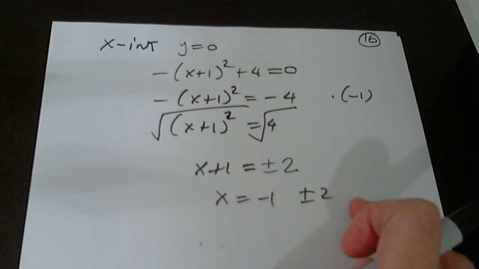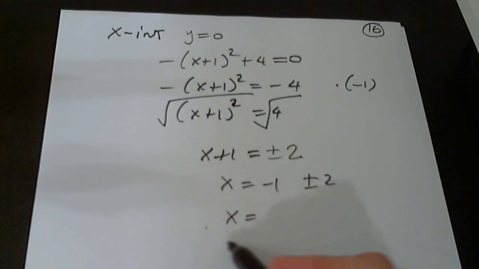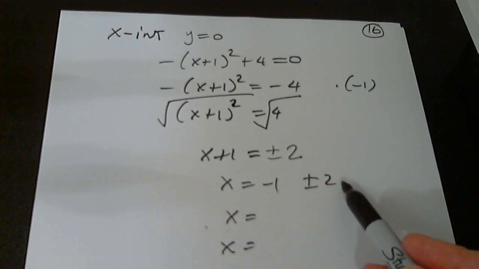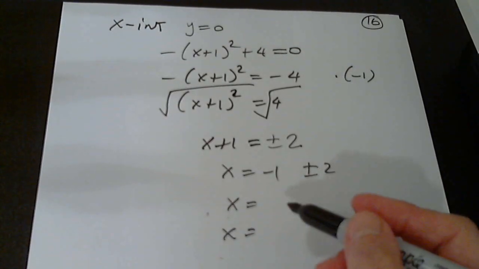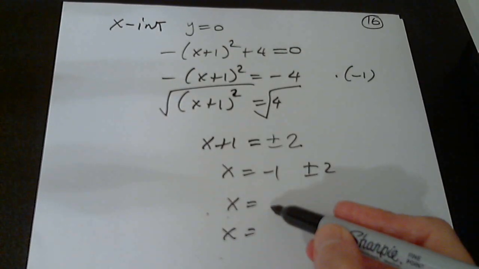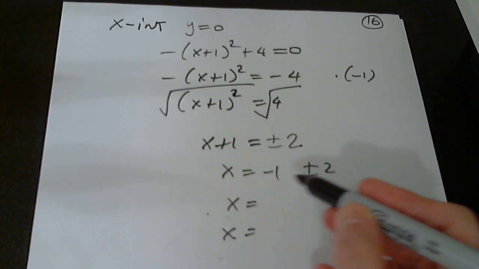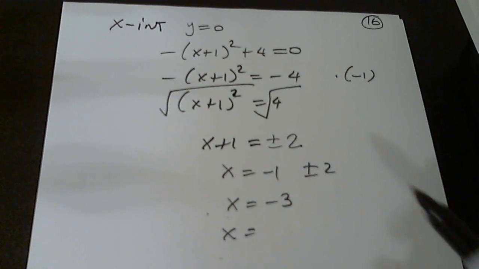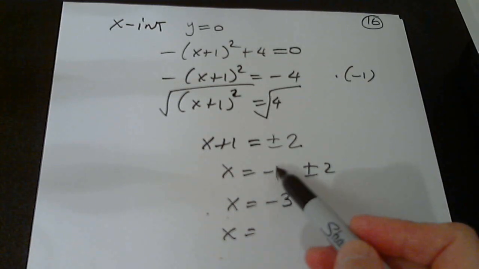Good. So negative 1 plus or minus 2. So then I get two options: the negative 1 plus and the negative 1 minus. What do I get? Negative 3 is one of them, and 1.